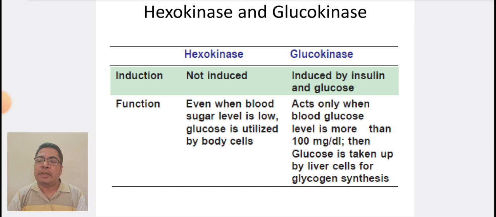Regarding function, even when blood sugar level is low, glucose is utilized by the body cells in case of hexokinase, whereas glucokinase acts only when blood glucose level is more than 100 mg per deciliter. Then glucose is taken up by the liver cells for glycogen synthesis in case of glucokinase.